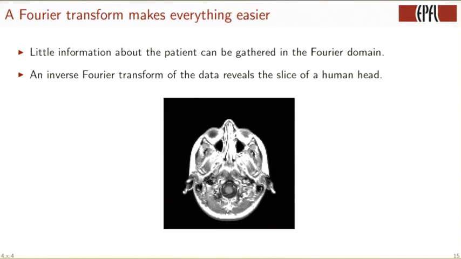And by the way, you not only see bones and so on, you see also physiological activities, and this is an incredibly powerful instrument also to do fundamental scientific inquiries. And so that's an example where, because of the physics, you don't have access to the data itself, but you have access to the Fourier transform of the data. So by the setup, you have to take an inverse Fourier transform to recover the data of interest.